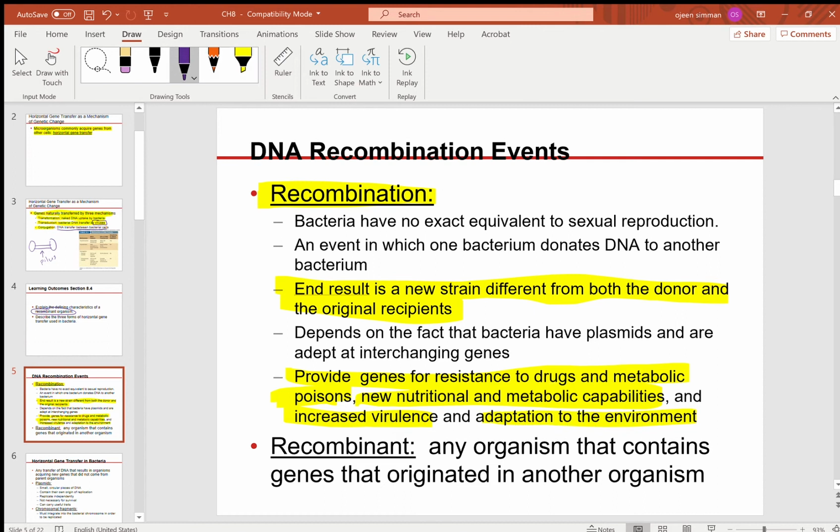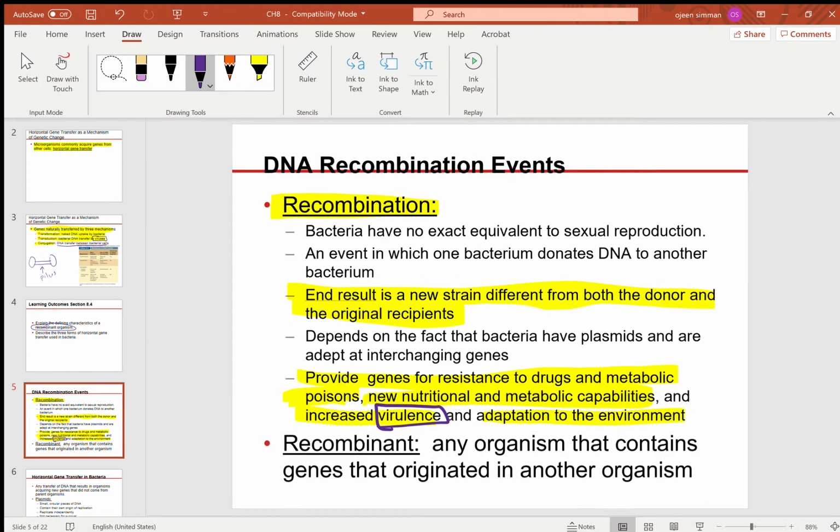Now, the word virulence, we're going to hear this a lot in this class from now on. What does the word virulence mean? The word virulence is referring to any structure that bacteria has which allows it to invade and cause infection.